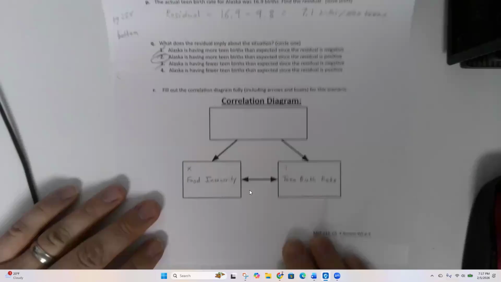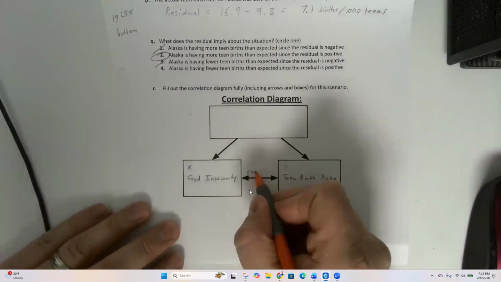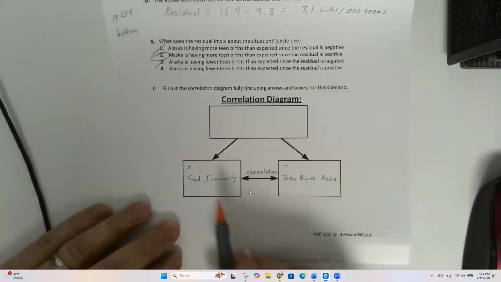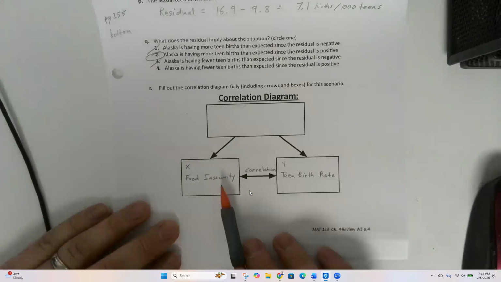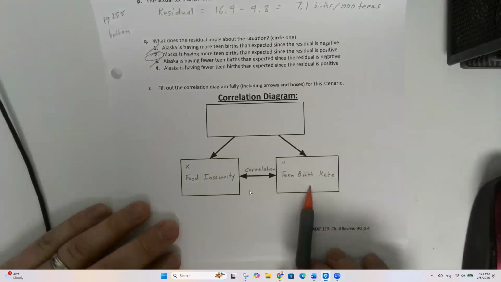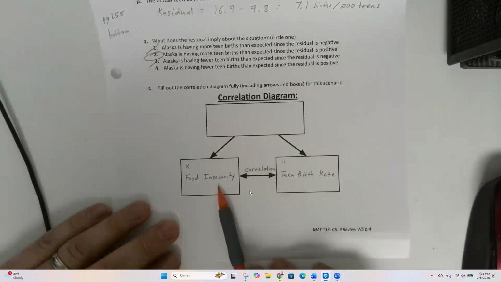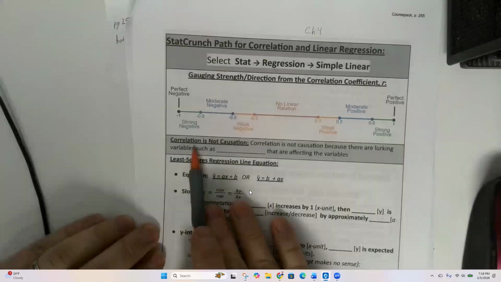We've determined that there is a correlation between these. As this number goes up, this number also goes up. If this number is very low, then this number is also very low. Now that doesn't mean that we have causation. In the middle of page 255, it says correlation is not causation.